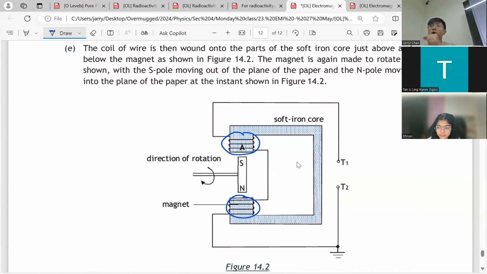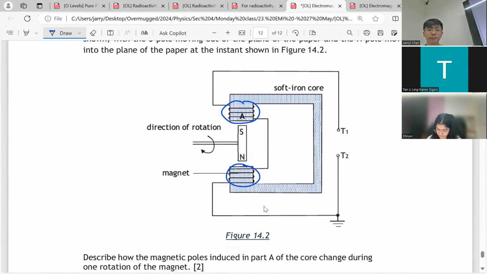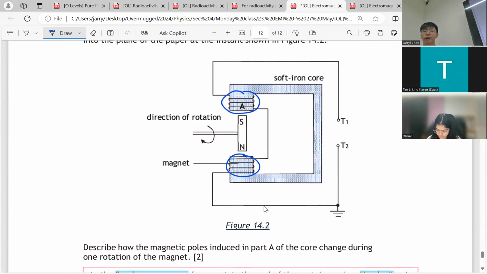Get the idea? So I coil around there, which means there will be an induced magnet here based on the direction of the flow of current. Definitely I will have some induced magnetism here because of the induced current. How do you think it will change when I rotate my south pole away?